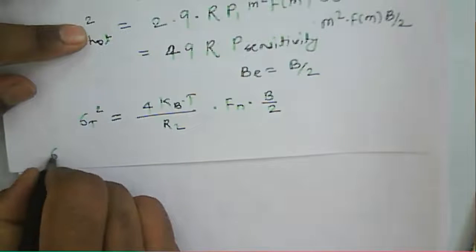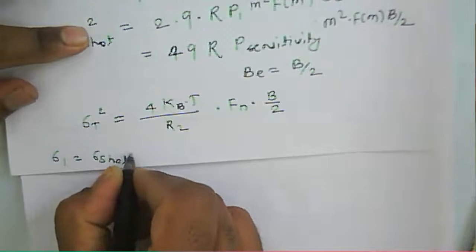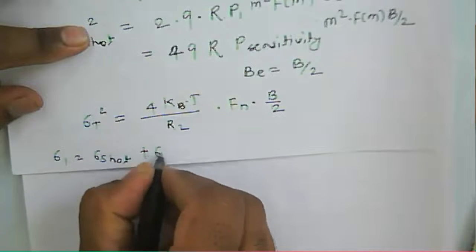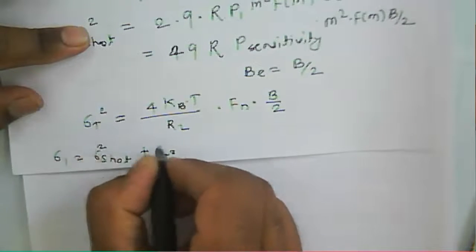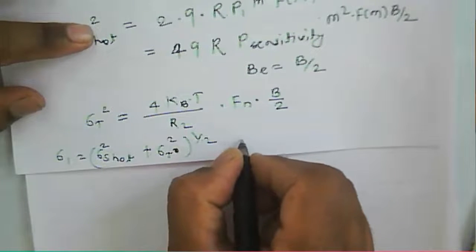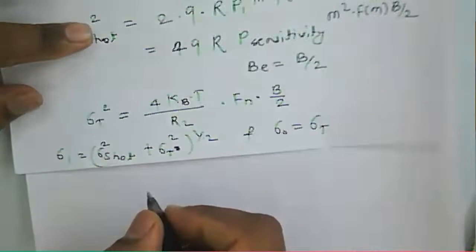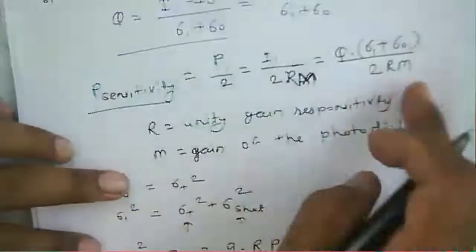Then sigma 1 is equal to (sigma shot square plus sigma T square) raised to 1 by 2, and sigma 0 is equal to sigma T in the receiver sensitivity equation.